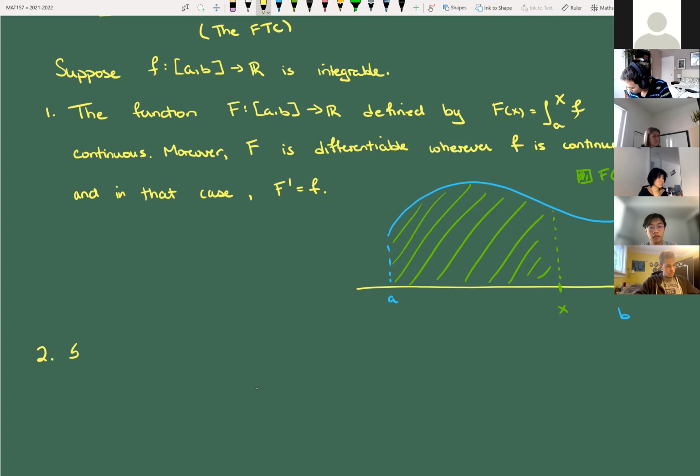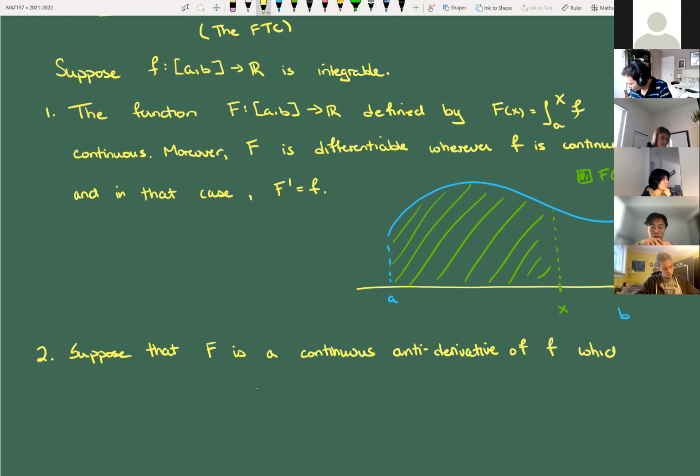So suppose that capital F is an antiderivative. Let's say continuous, of little f, which is differentiable at all but finitely many points.